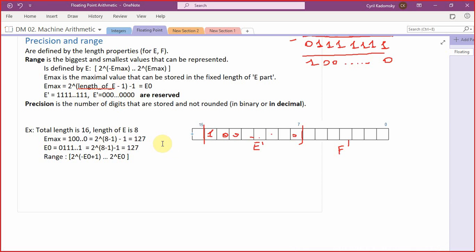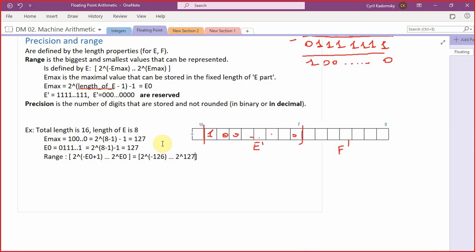Okay. In this particular case, E0 is 127, so we can have from 2 to the power of minus 126 up to 2 to the power of 127.